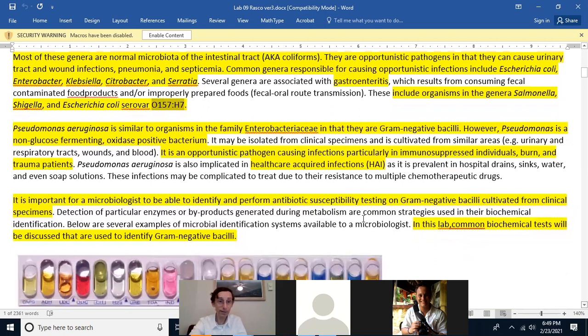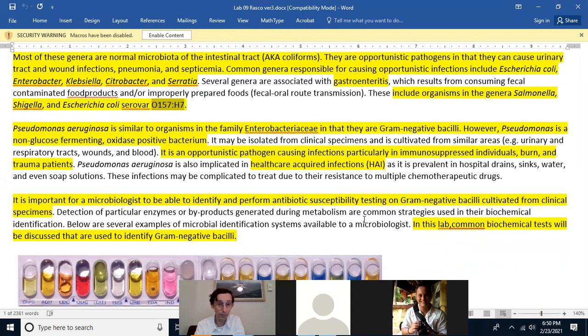Pseudomonas aeruginosa is similar to the organisms in the family Enterobacteriaceae in that they are gram-negative bacilli. They don't produce endospores. However, Pseudomonas does not ferment glucose, and it is an oxidase-positive bacterium.